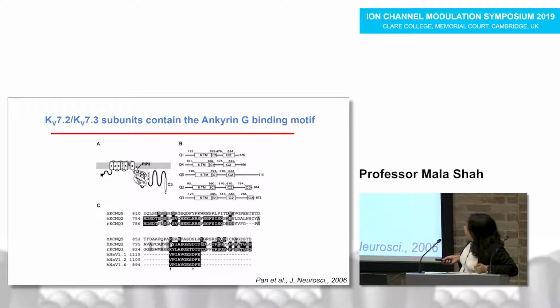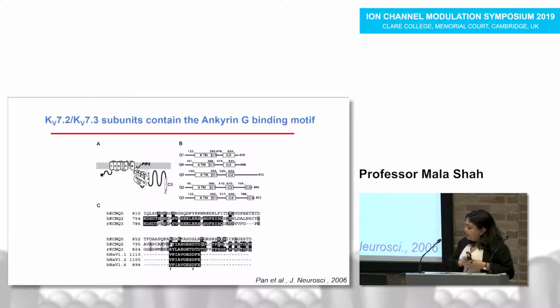So what we did was that because XE991 is bath applied, you cannot puff it very easily. It takes a long time to work. And because we were interested in understanding whether these Kv7 channels in axons were basically what was causing the spontaneous action potential firing, we designed a peptide which was a similar sequence to that which is shown here, the KCNQ2.